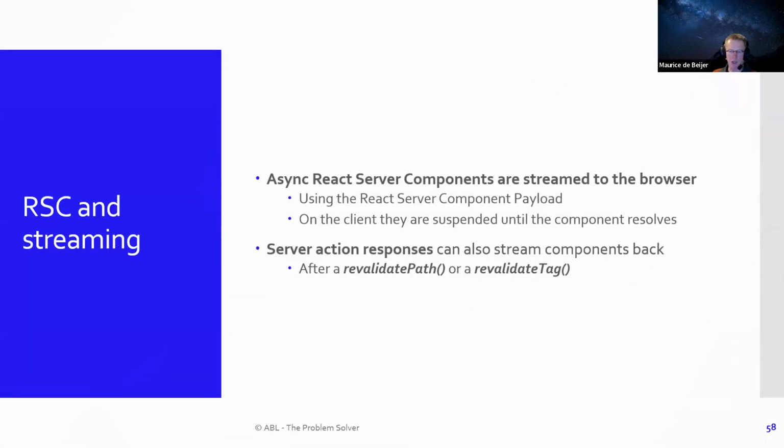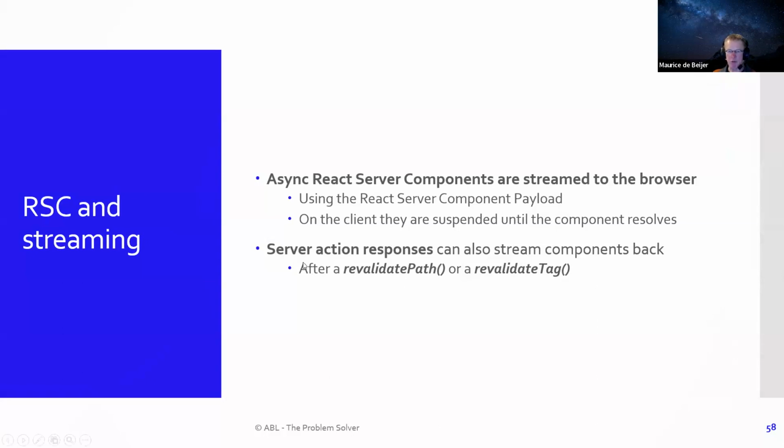Let me go back one step because there is one thing I slightly skipped over. When you get to React Server Actions, it will contain the same kind of stream back to the clients. And in that case, you can use a couple of Next-specific APIs, revalidatePath and revalidateTag, to invalidate certain amounts of data or routes.